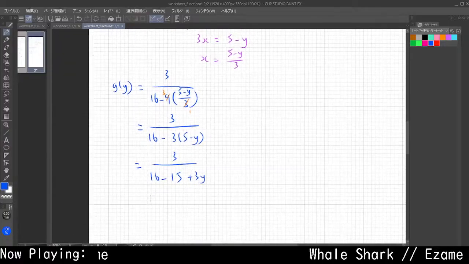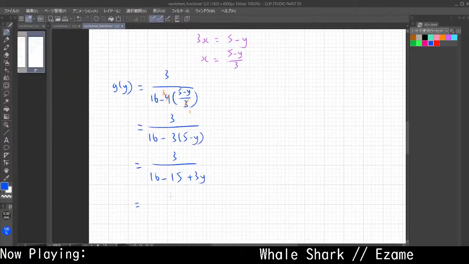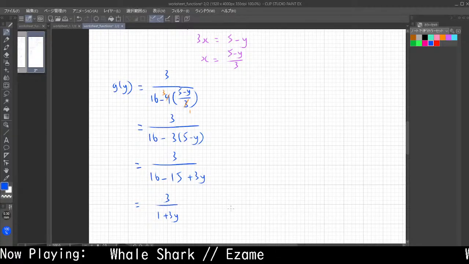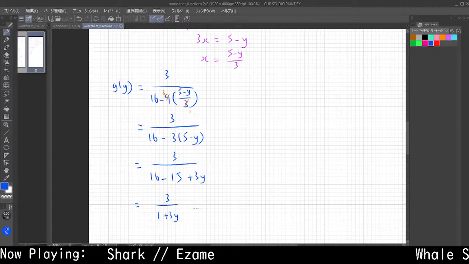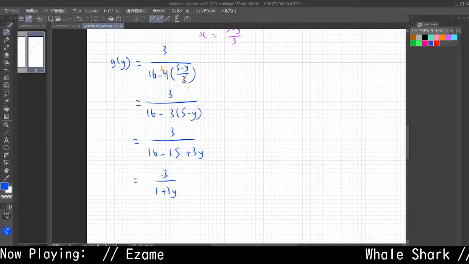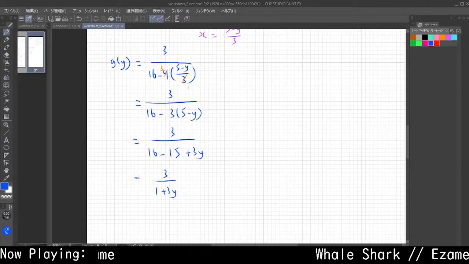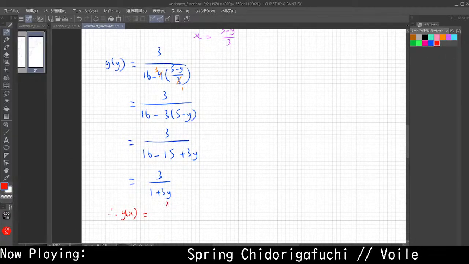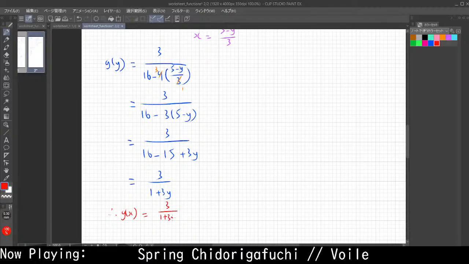Then 16 minus 15 is 1. 1 plus 3y, over 3. So in the end, your g(x) will be equal to 3 over 1 plus 3x.